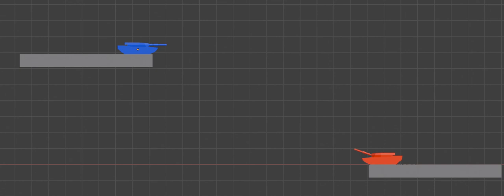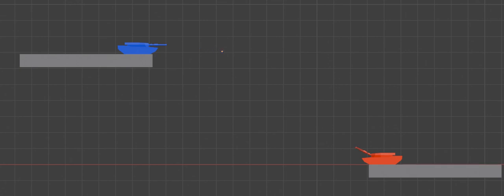It's going to get right to the edge, and right before it has its barrel lined up, the blue tank, since it made it to the edge faster, is going to fire its projectile first.